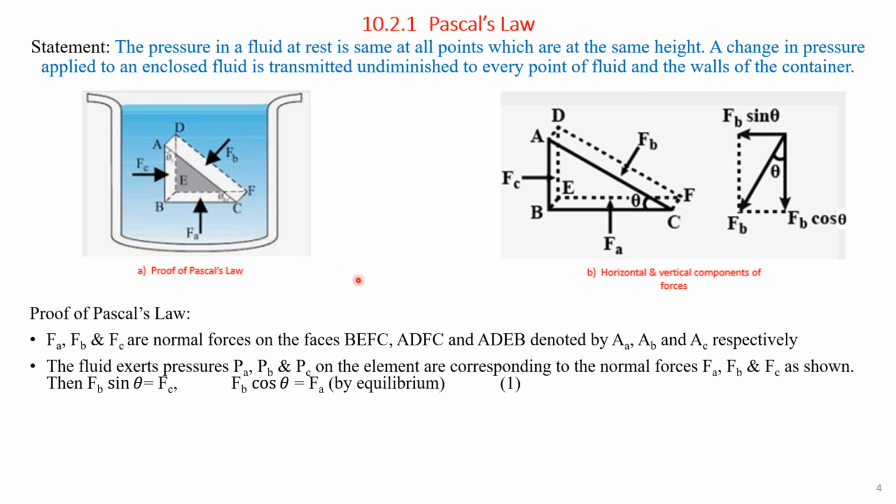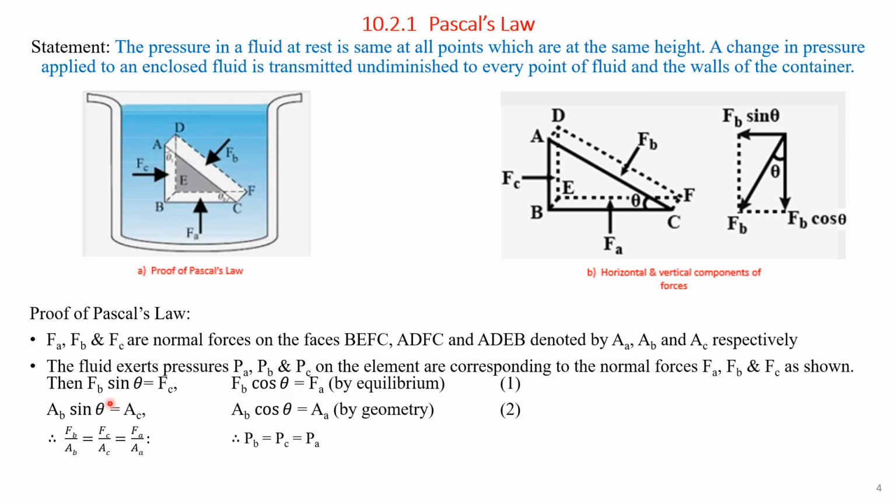Then, by equilibrium of forces, horizontal force FC is equal to FB sin theta, and similarly the vertical component FB cos theta is equal to FA. And by geometry, AB sin theta is equal to AC and AB cos theta is equal to AA. Let these be equations 1 and 2.